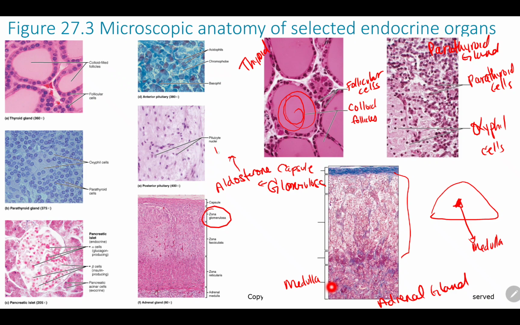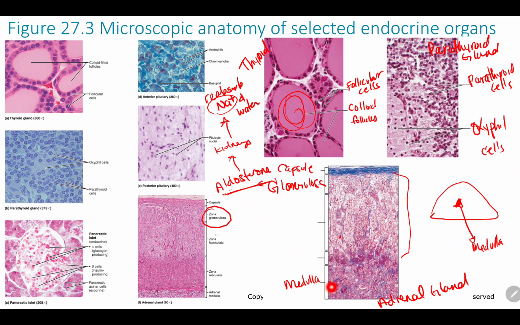Aldosterone goes to the kidneys and tells the kidneys to reabsorb sodium. If you reabsorb sodium, you're going to reabsorb water, to maintain a proper fluid balance, so you don't pee it out. So that's a mineralocorticoid because it's able to reabsorb minerals such as sodium.